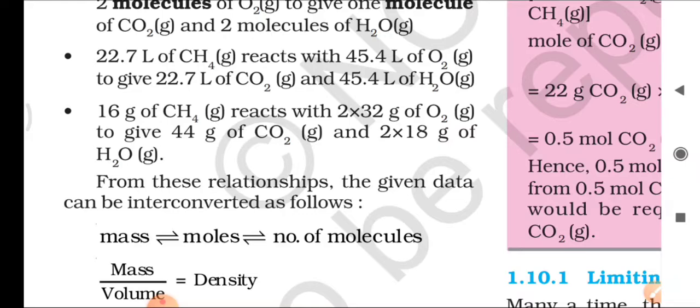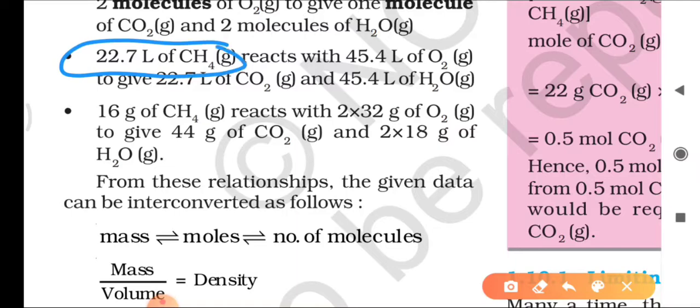So at STP an ideal gas will occupy 22.7 liter. So again, if we have taken an ideal gas, that is CH4, then at STP 1 mole is 22.7 liter. 1 mole of an ideal gas occupies 22.7 liter.